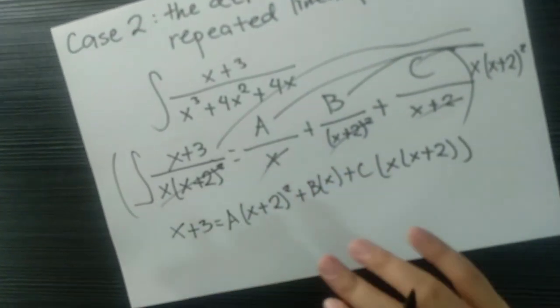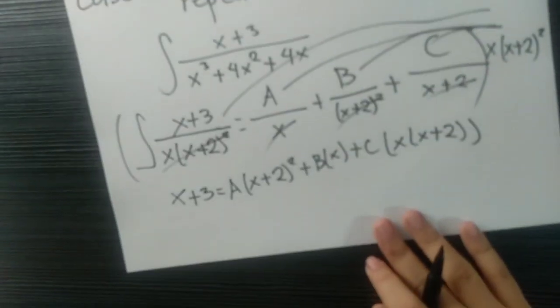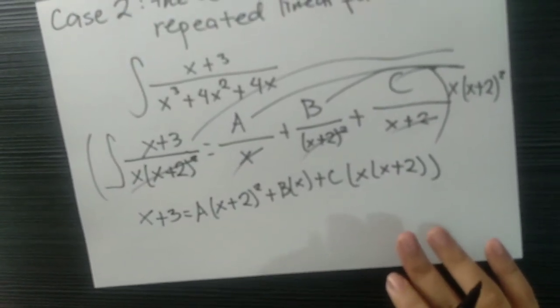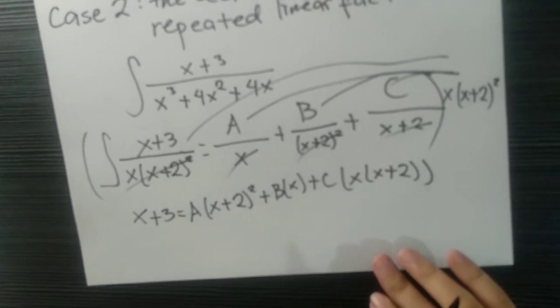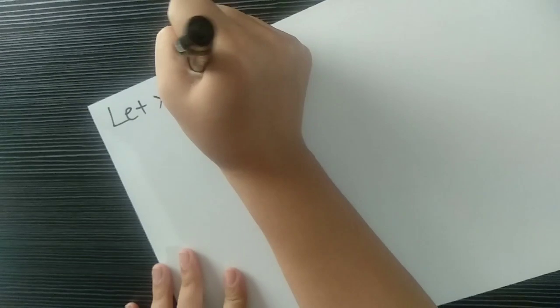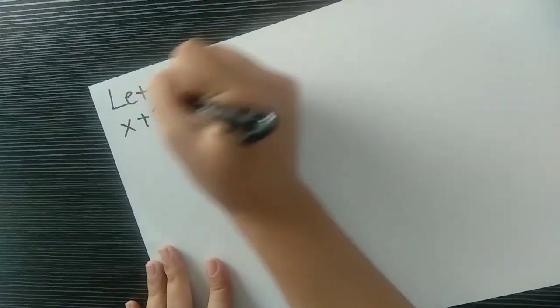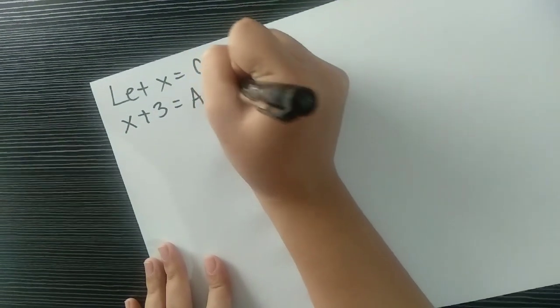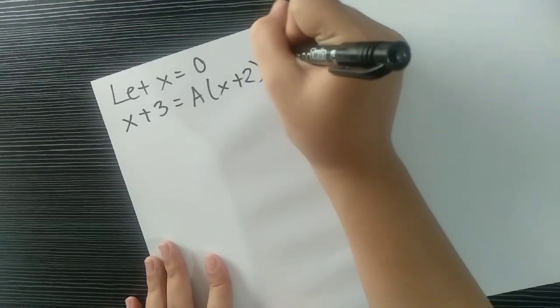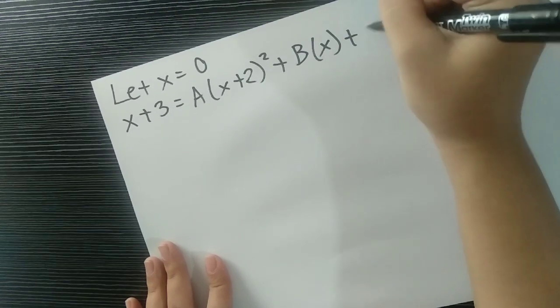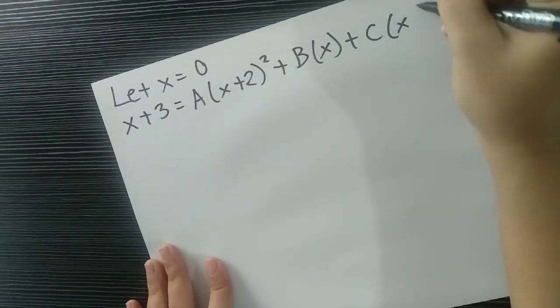Okay, now let's assign a value of x to cancel out a variable. So let x be equal to 0. Our equation earlier was x + 3 equals A times (x + 2) squared plus Bx plus C times x times (x + 2).